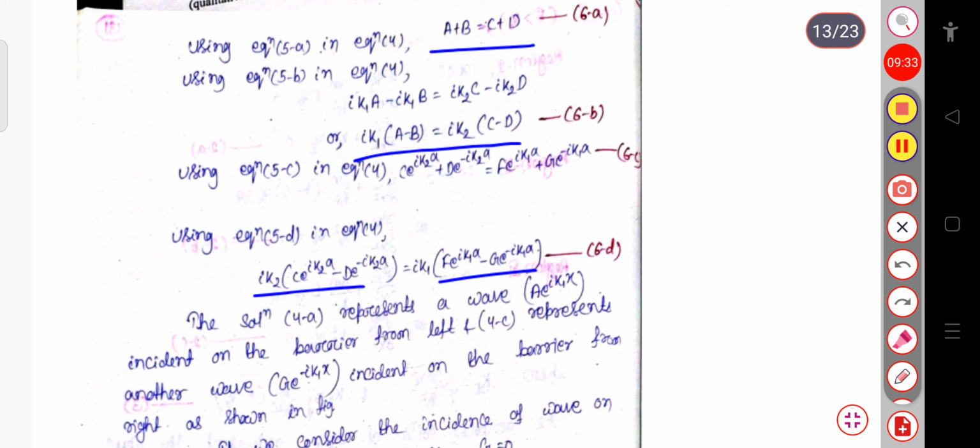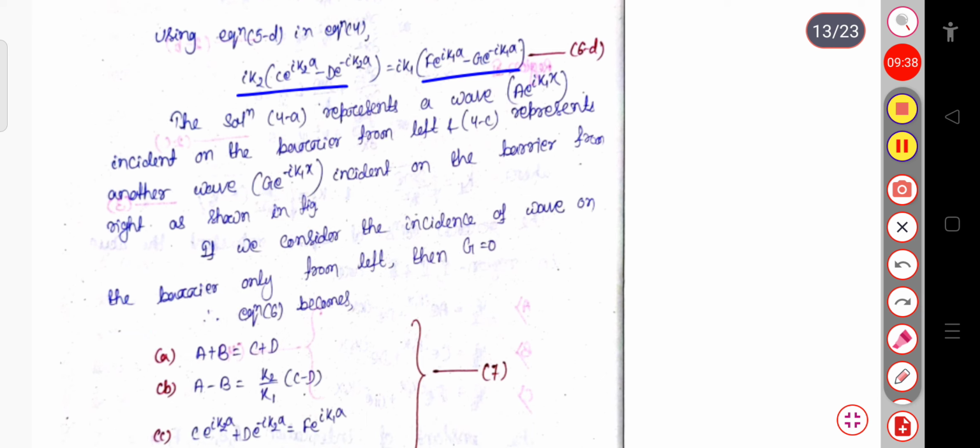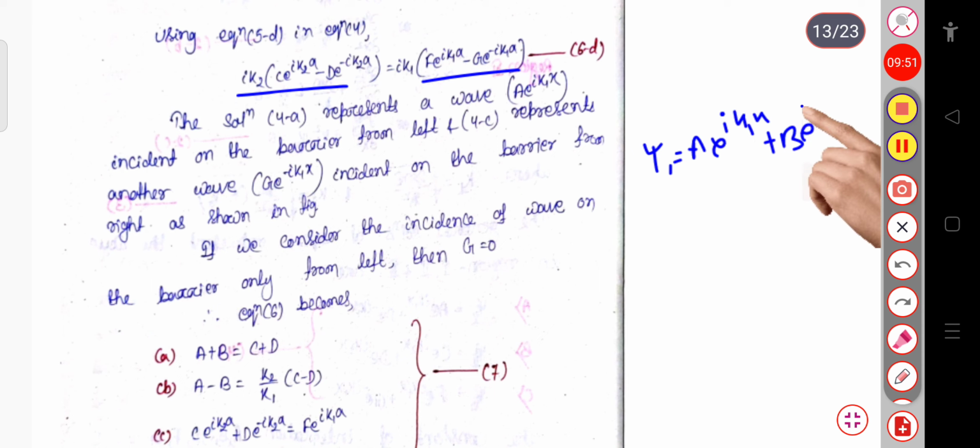So this solution for a represents the wave a exponential iota k1x, that is, psi 1 equal to a exponential iota k1x plus b exponential minus iota k1x.